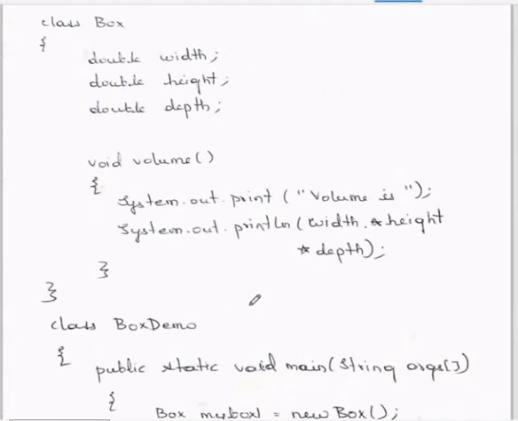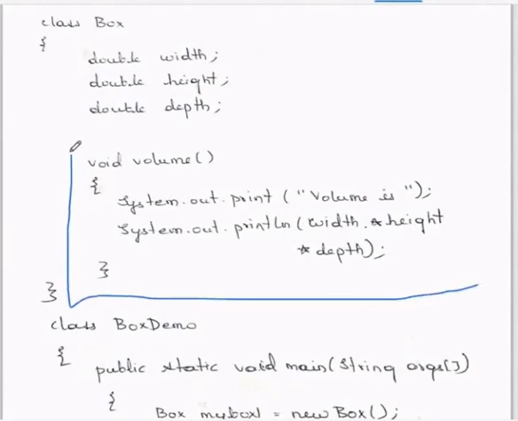Same example, class box, and trying to add methods to that. So here in the class box, I have the method by name volume. Instead of calculating in the main, I'm adding this method so that it calculates the volume, which is nothing but width into height into depth.